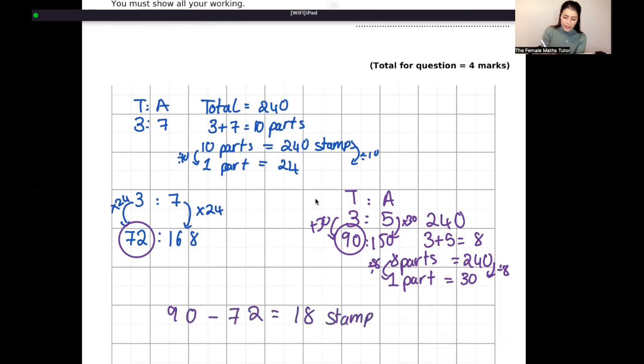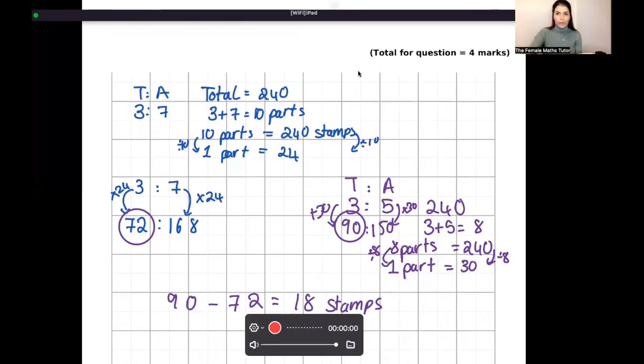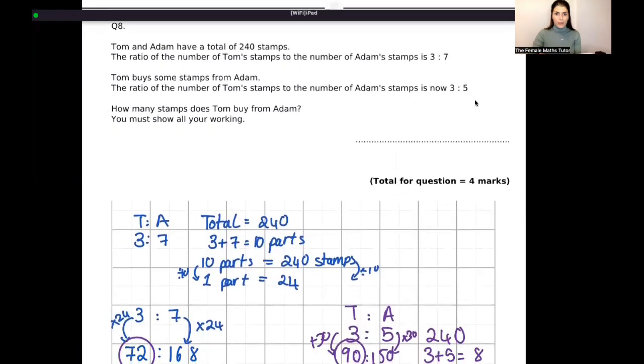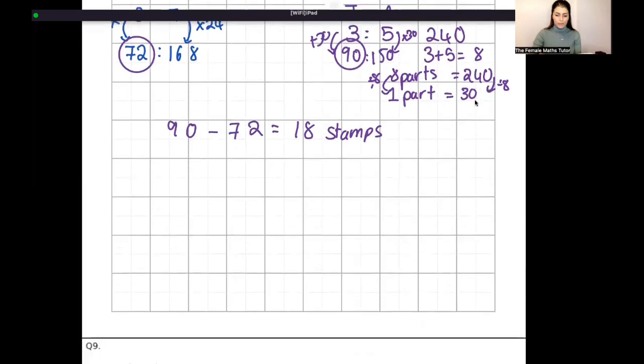So he bought 18 stamps from Adam. Okay, any questions on this one? No? Okay, I'm going to move on to the next question.